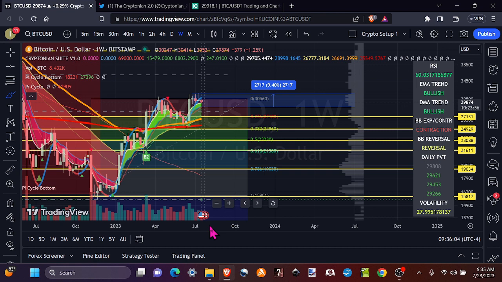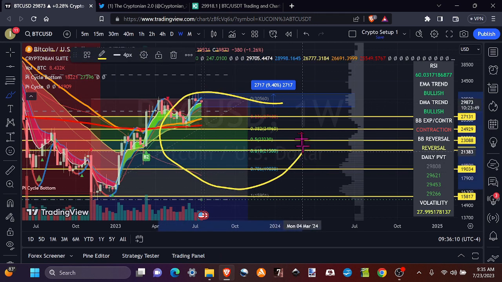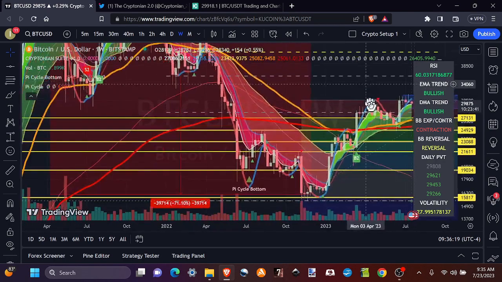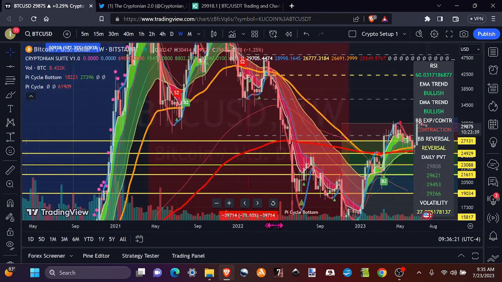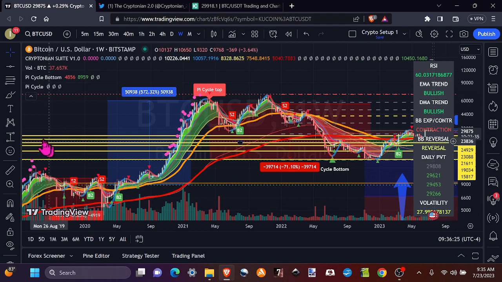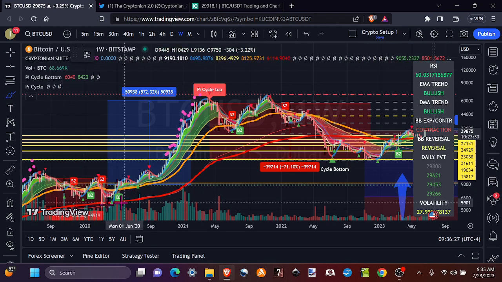But this is what I feel is most likely the best investment strategy. Now, this is a long-term strategy, and this is assuming that the plan is to hold until the next pi cycle top.